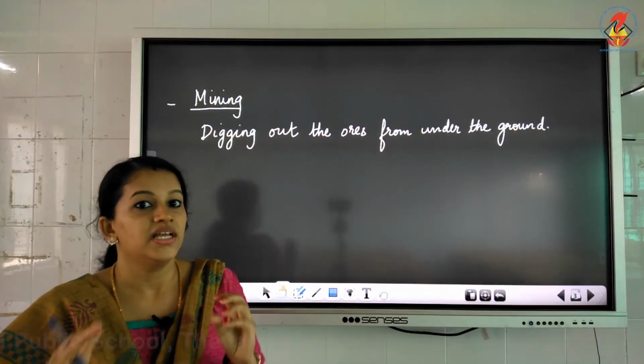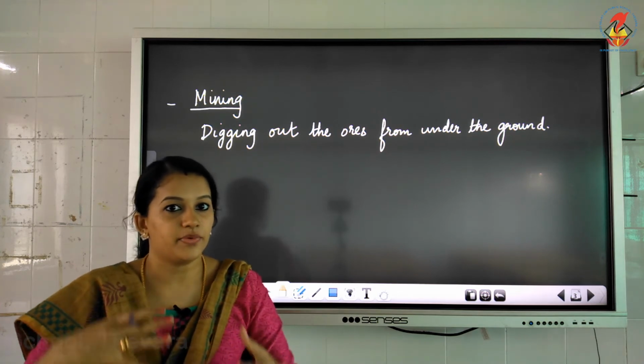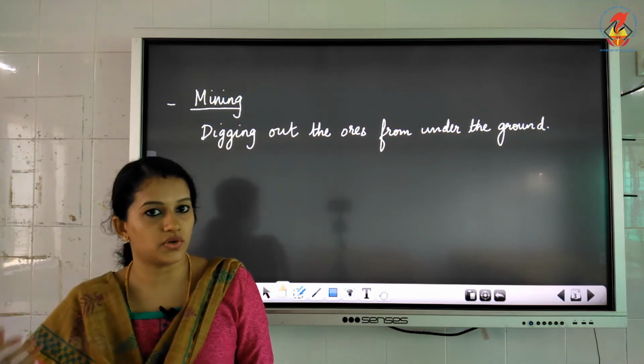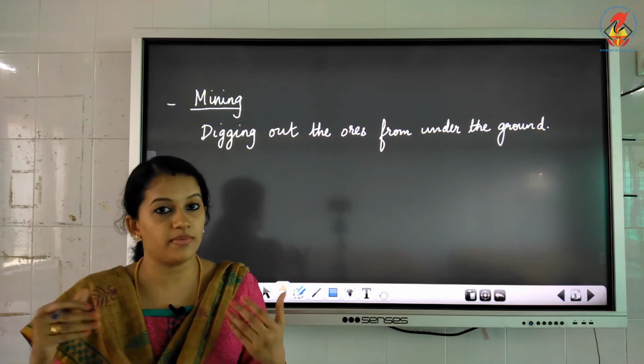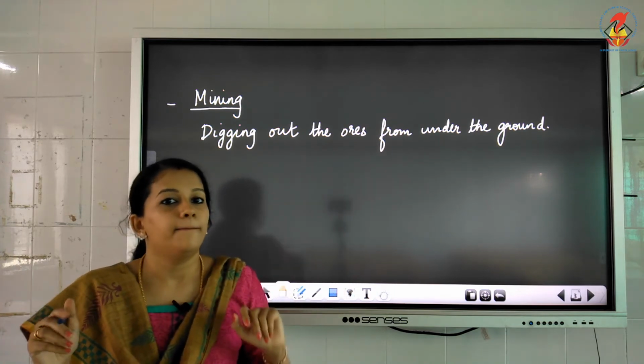That process is known as mining. The process of digging out this rock from under the ground is known as mining.